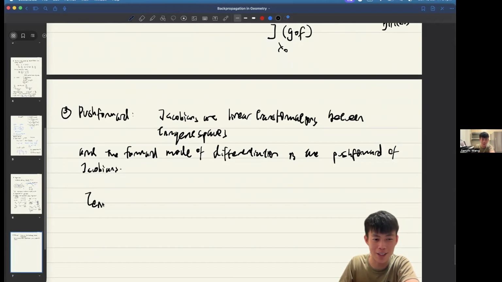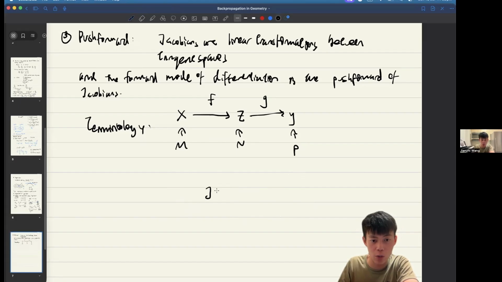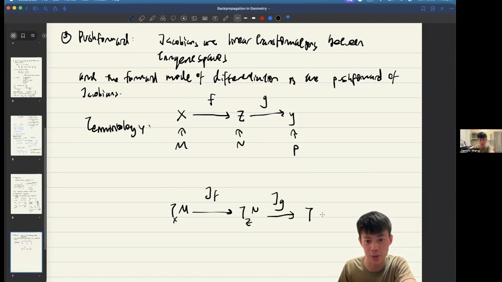Remember just now we have x, let's say it goes into some intermediate z and it goes to y, right? We have f and we have g. This lives in M, this lives in N, this lives in P. The Jacobian of f goes from the tangent space to manifold M at x to the tangent space to manifold N at z, and the Jacobian of g goes from the tangent space to manifold N at z to the tangent space to manifold P at y.